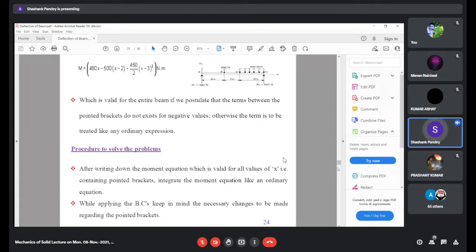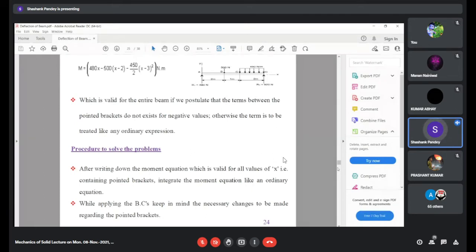Here, if you look at the net moment equation we have written, that is 480 into x minus 500 into x minus 2 into 450 by 2 into x minus 3. This is the net moment equation from point A to the uniformly distributed load CD.